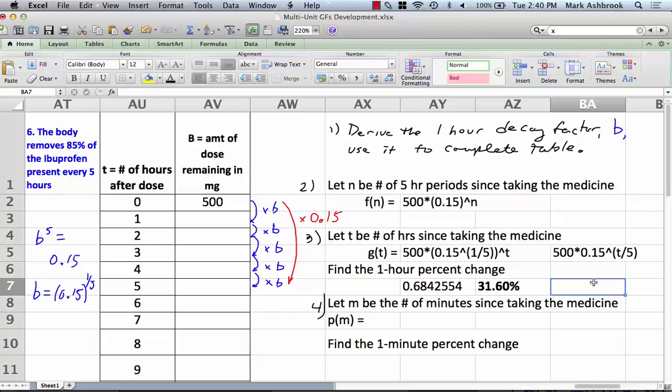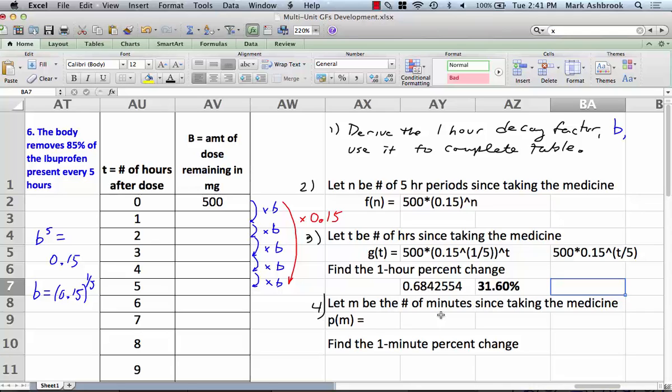So the 0.684, what number is that? 1 hour multiplier, right? Decay factor. Okay, so now if the 1 hour decay factor is 0.684 or 0.15 to the 1/5, what is the 1 minute decay factor?